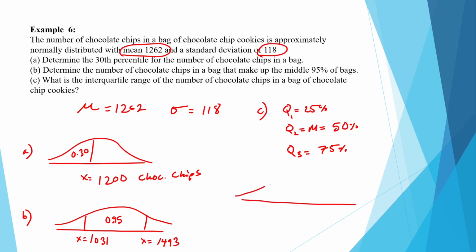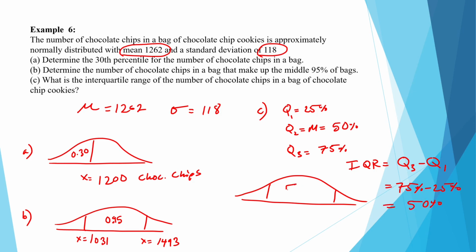In part C, I want to find the IQR, and by definition that's Q3 minus Q1. If I take 75% and subtract 25% from it, I get the middle 50%. So all we're looking for is the middle 50%. What x values will give us the middle 50%?